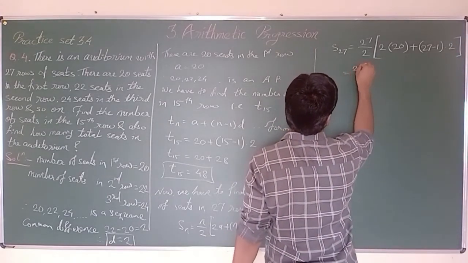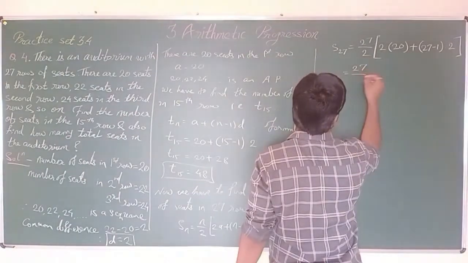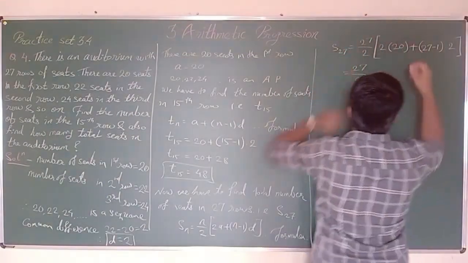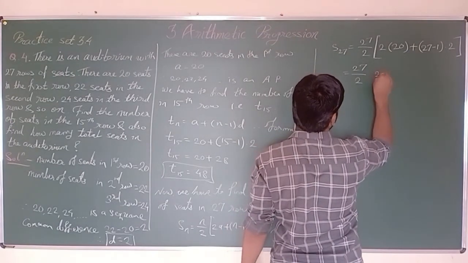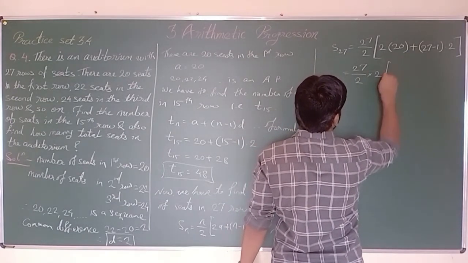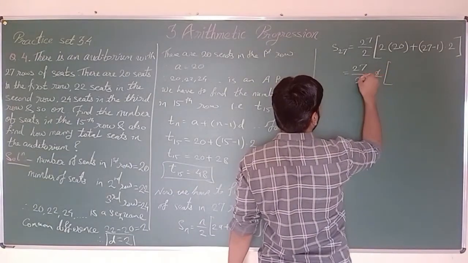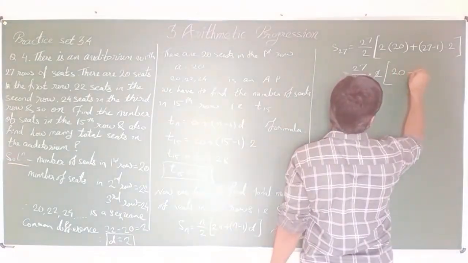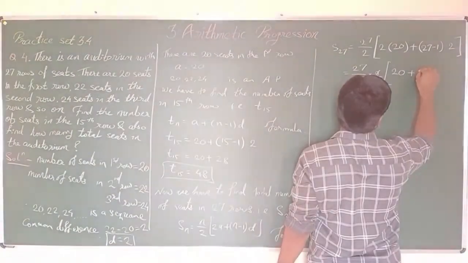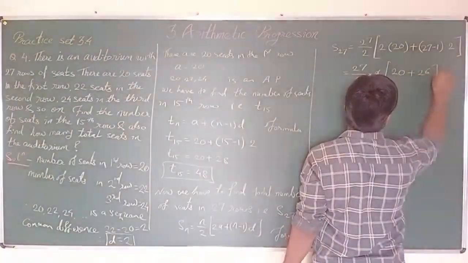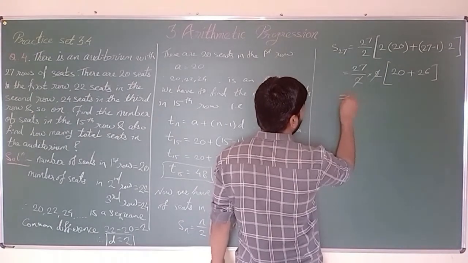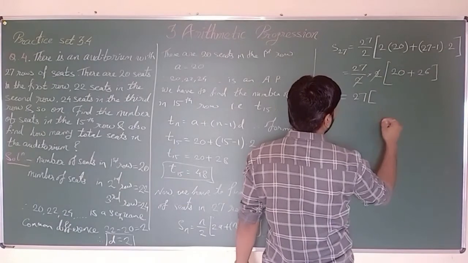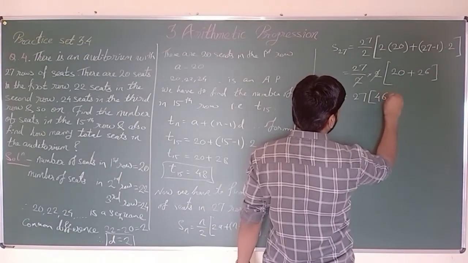This will be equal to 27 upon 2. Now we will take 2 common from the bracket and we will cancel this 2 with the 2 in the denominator. So the remaining terms in the bracket are 20 plus 27 minus 1, that is 26. This will be equal to 27 into 20 plus 26, so this will become 46.